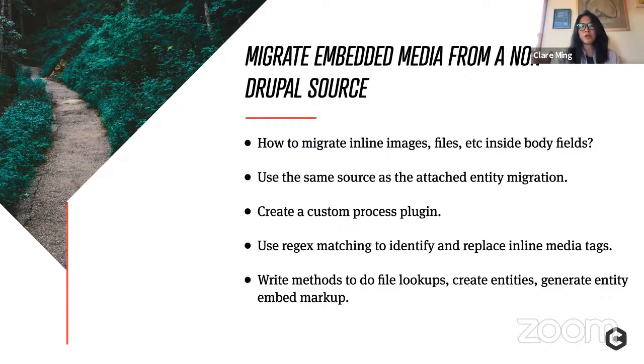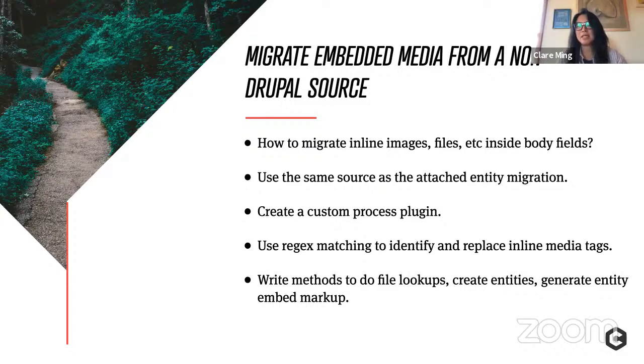How do we approach migrating those articles with all these inline media references into Drupal? The approach is to use the same source as the attached entity, and in our example of a WordPress article, it's the body field of that article.